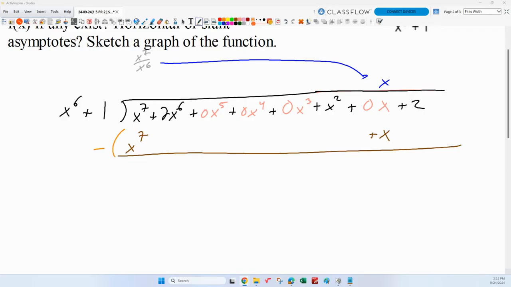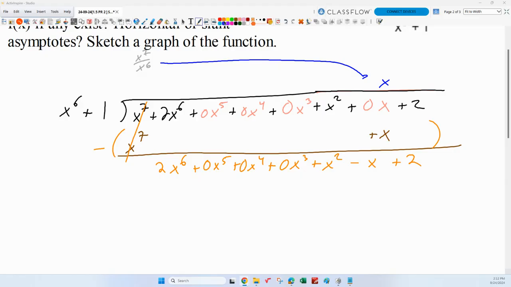You're going to put a negative outside, put it all in parentheses, and then you just subtract vertically, right? So those guys cancel. This gives me 2x to the 6th. I get my 0x to the 5th plus 0x to the 4th plus 0x cubed plus x squared. 0x minus x is negative x plus 2.